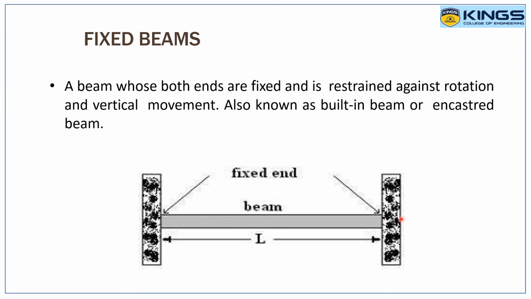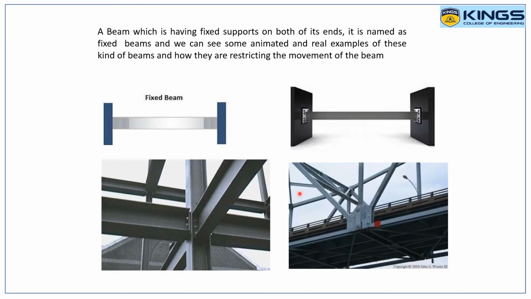It can be built in, which means the two end supports are in fixed positions, restrained against rotation and vertical movement. So it constrains the movements of both ends. These are all practical examples of fixed beams.